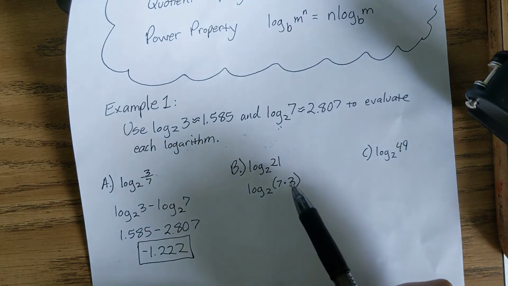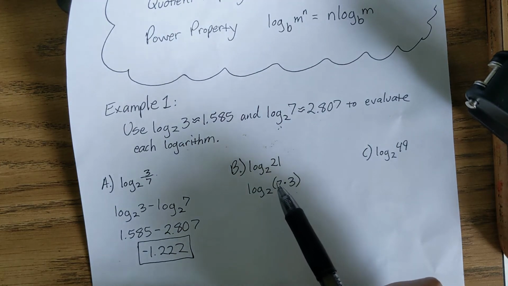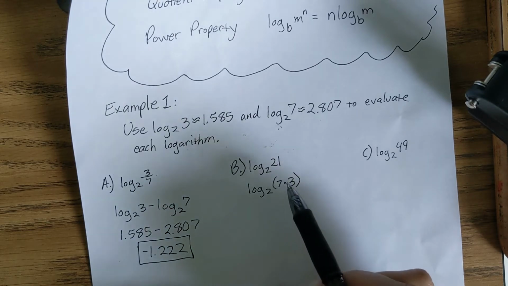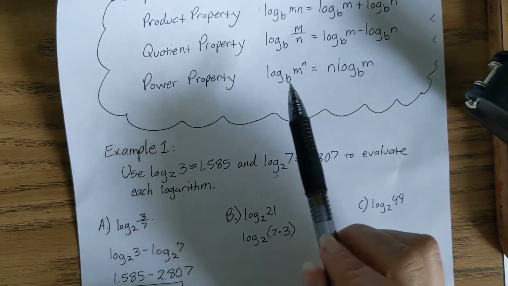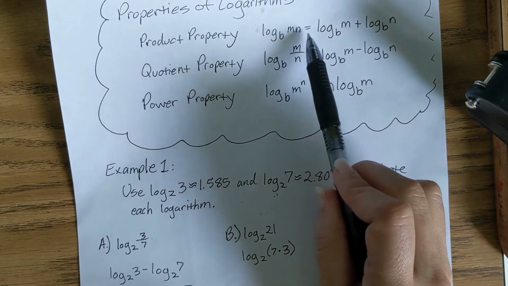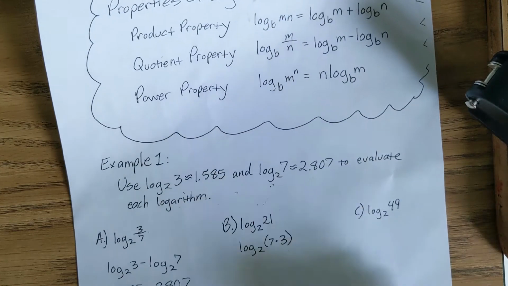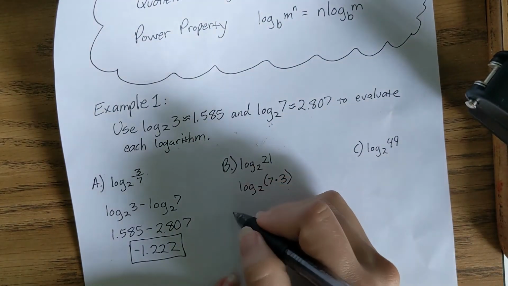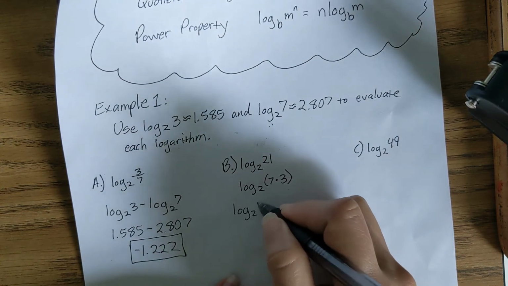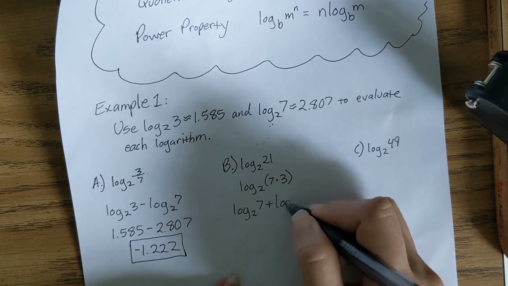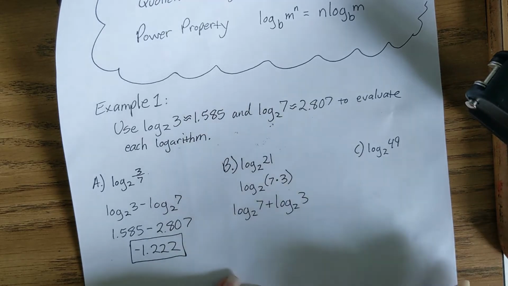So that is a multiplication problem. So even though they didn't write it like this, we can rewrite it like that. So this now is going to be able to be expanded like it is up here. So we're going to add those two. So this will end up being log_2 7 plus log_2 3.